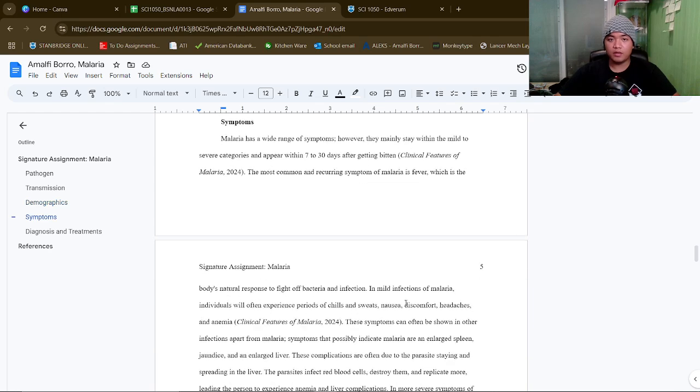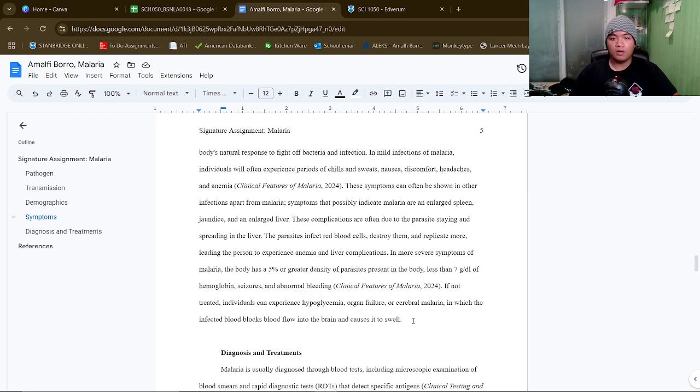The symptoms of malaria are wide, but mainly range from mild symptoms, such as anemia, fevers, chills, and nausea, to more severe symptoms such as hypoglycemia, organ failure, specifically liver failure, or cerebral malaria, where the infected parasites affect the brain.